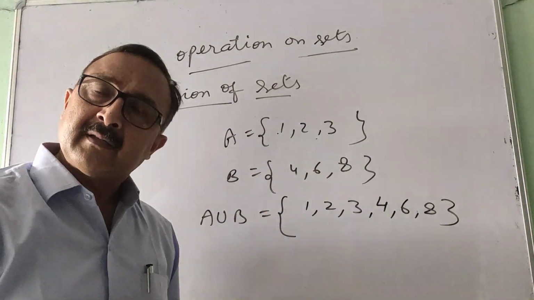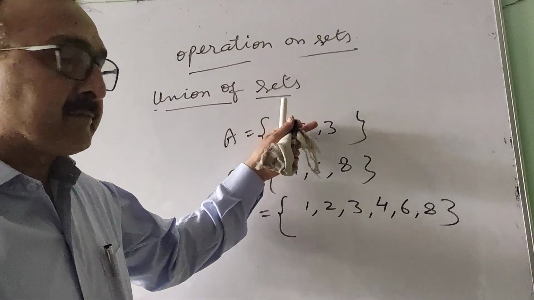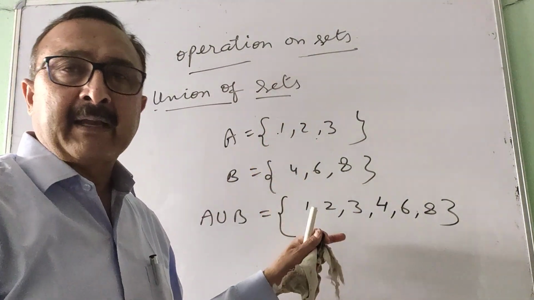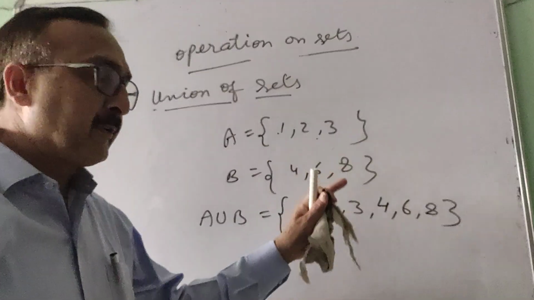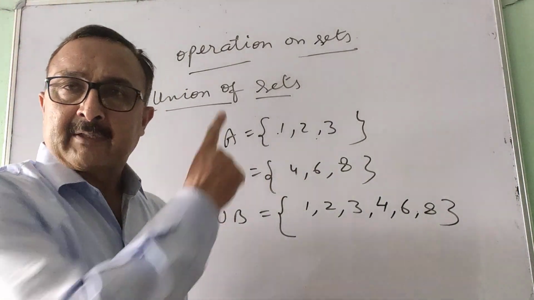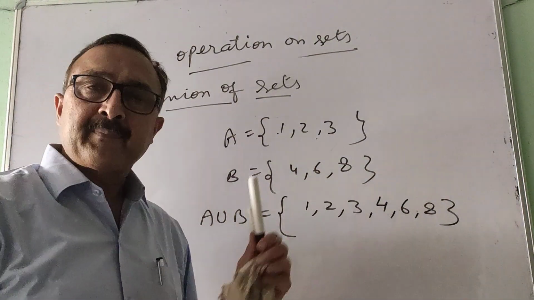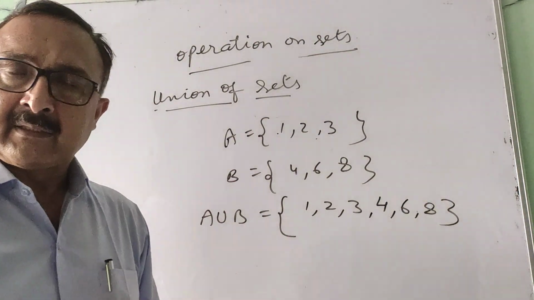But in the previous problem we had 3 and 2 and the union had 5, so one was common, but here no element is common. So this is A union B.